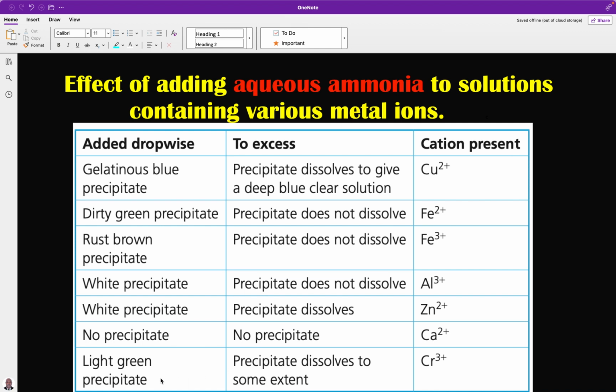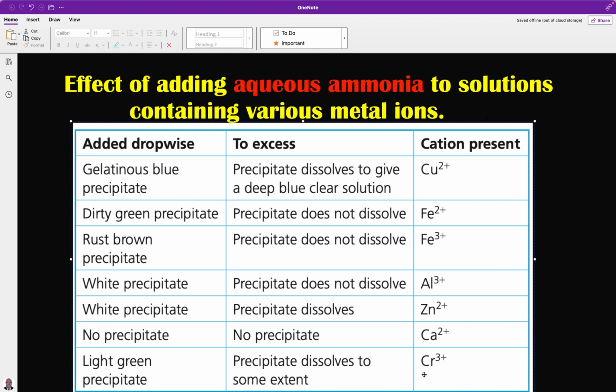Above all, if we should take another unknown salt solution, we add aqueous ammonia dropwise, and we observe that a light green precipitate is formed. Then we continue to add the aqueous ammonia to excess, and we observe that the precipitate dissolves to some extent.